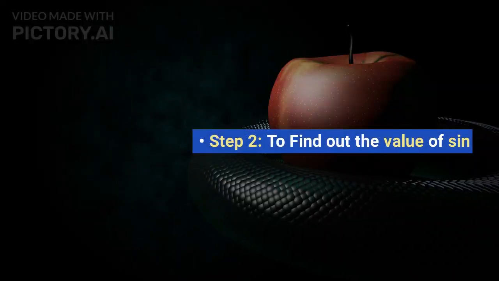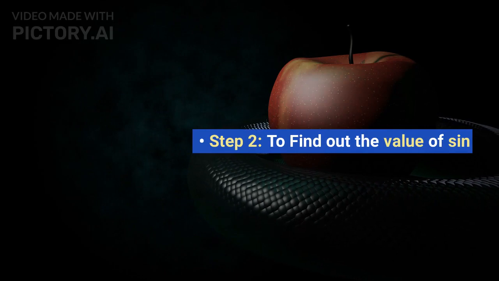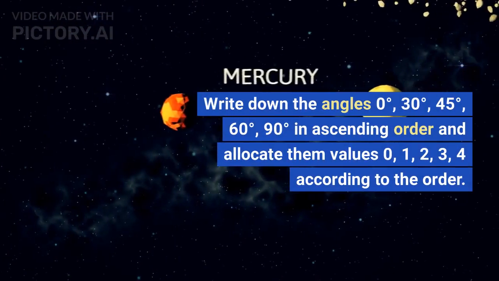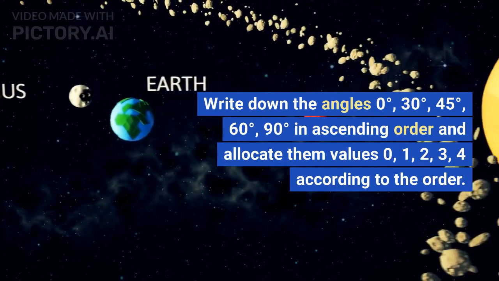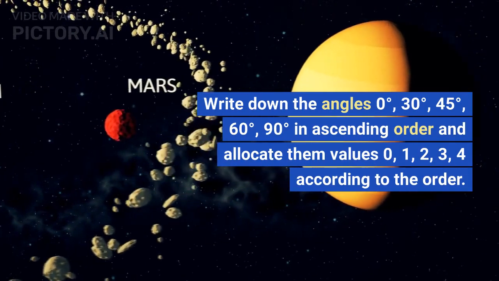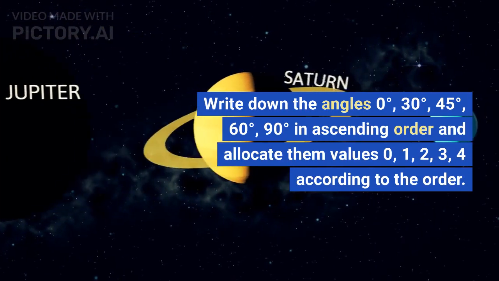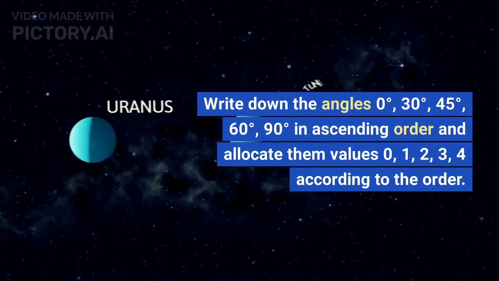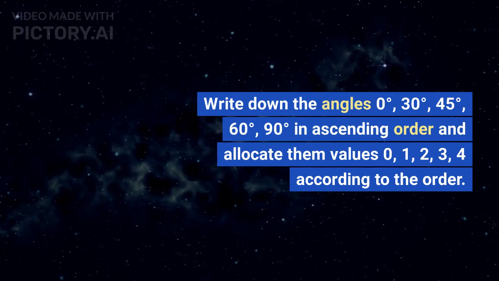Step 2. To find out the value of sin, write down the angles 0 degrees, 30 degrees, 45 degrees, 60 degrees, 90 degrees in ascending order and allocate them values 0, 1, 2, 3, 4 according to the order.